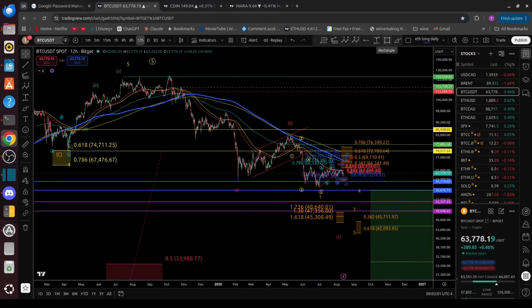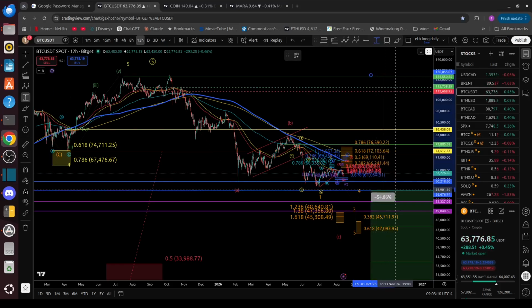So let's do the same thing for Bitcoin. From the top, Bitcoin lost 54.14%. So they're not that far from each other.